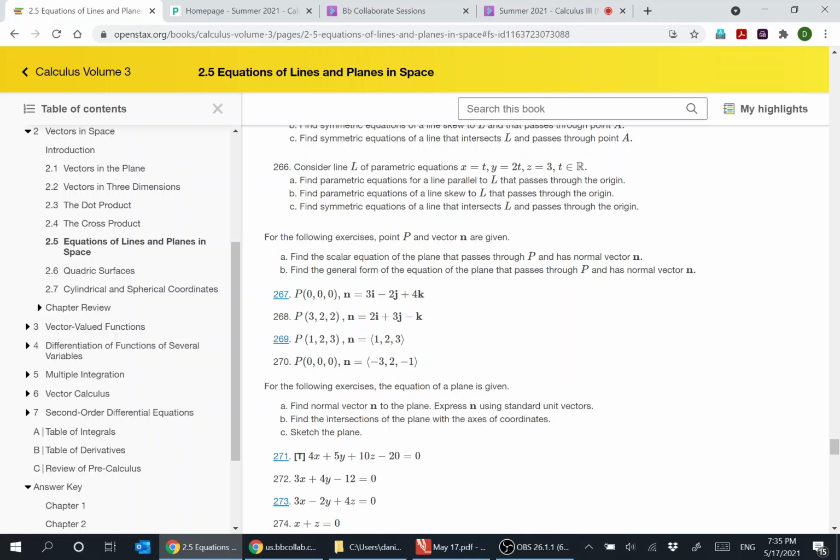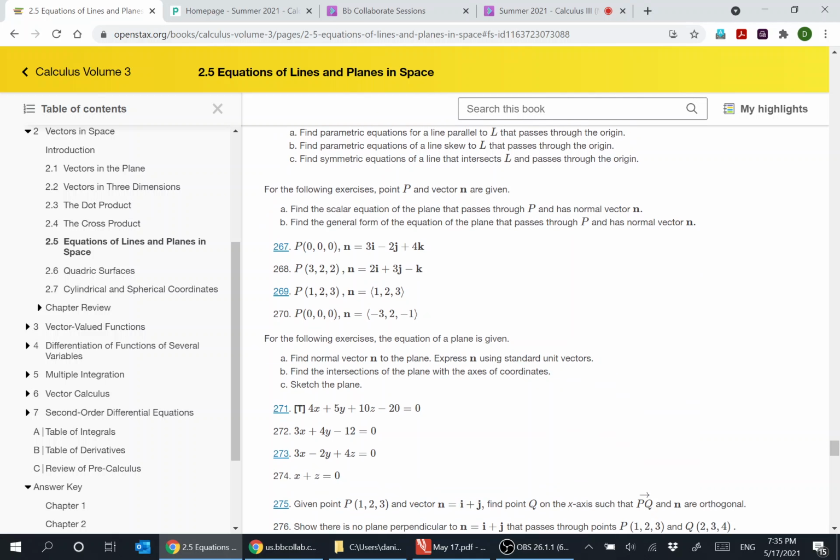In order to do that, we need to understand. Don't tell me they're doing 267. No, 268, I'm sorry. All right, so we have the point 3, 2, 2.